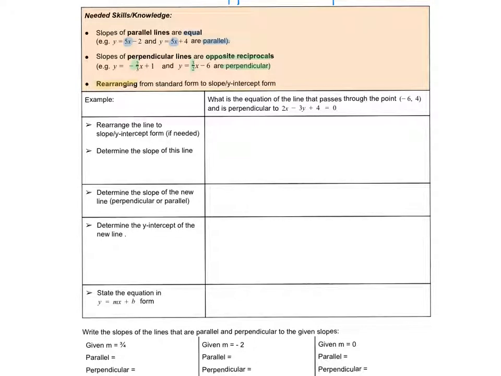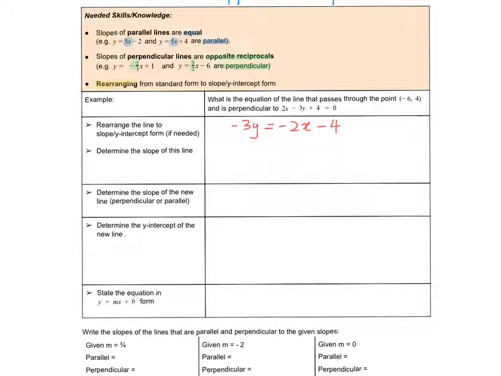Now, clearly this equation is written to you in standard form. So the first step is to rearrange the line in the slope-intercept form. So for that, we are going to move everything onto the right side except the y term. So we'll have negative 3y equals negative 2x minus 4.